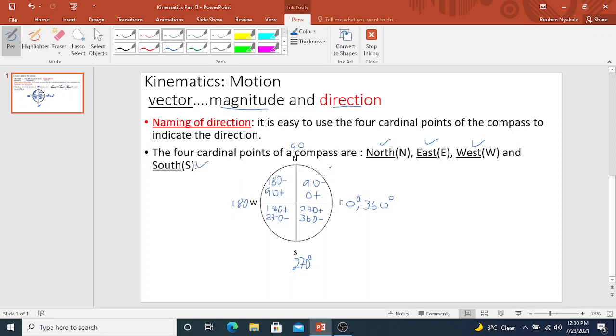All these quads are made up of what? Of 90.